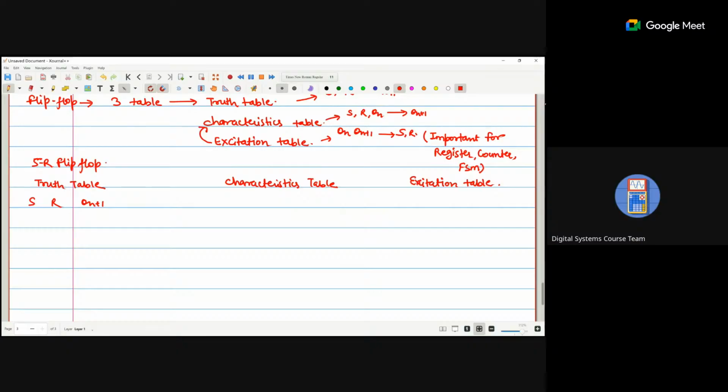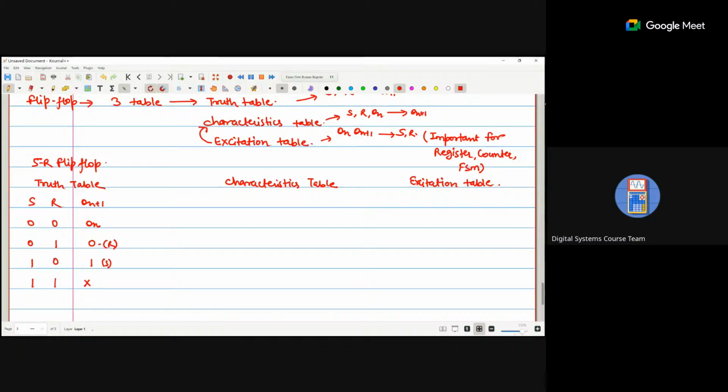So we know that when S and R are both 0 0, we get Qn. 0 1, we get 0, reset. 1 0, we get a 1, set. And 1 1 is an invalid condition, so I just put it as a cross.